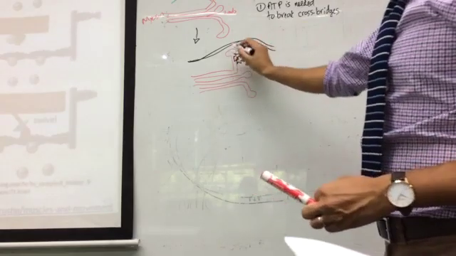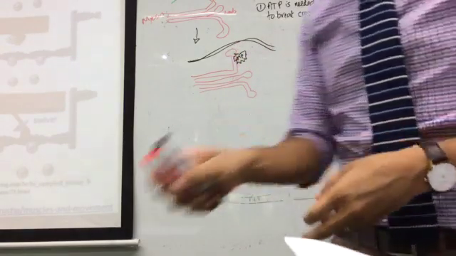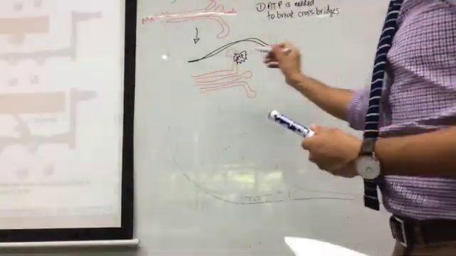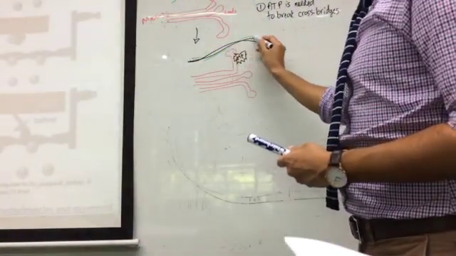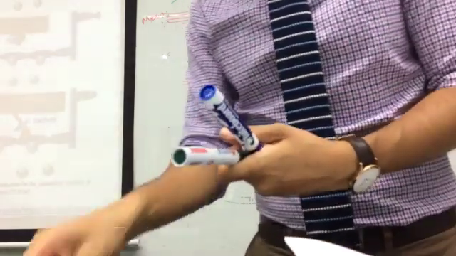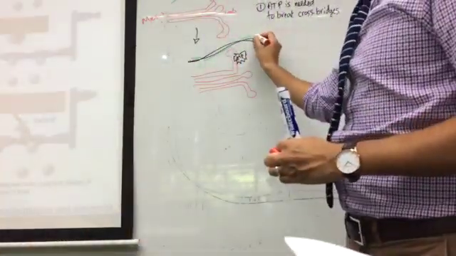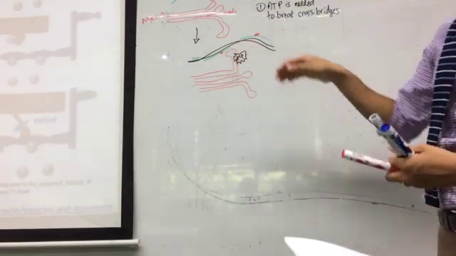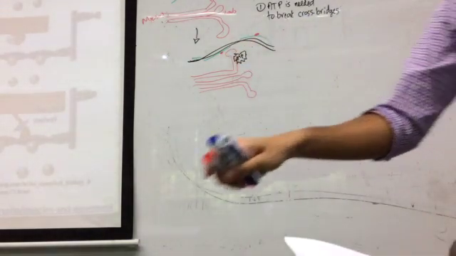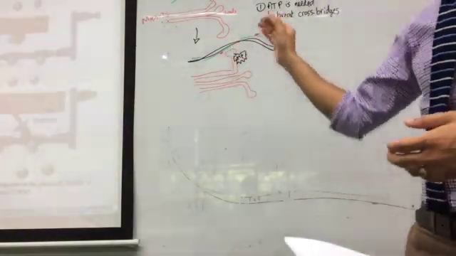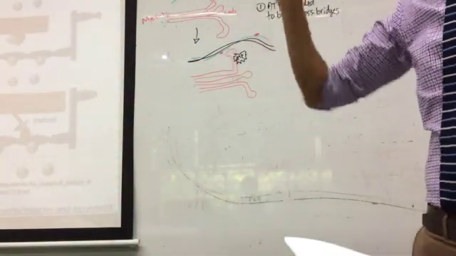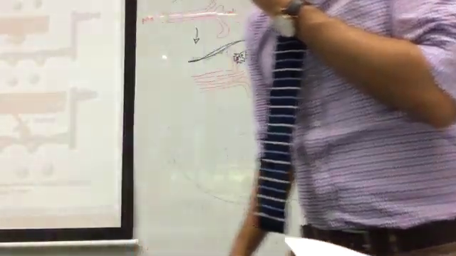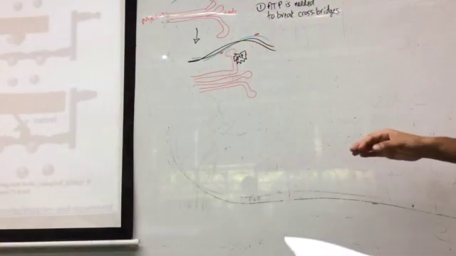So my cross bridge has been broken, and I can re-add all my stuff here. There's a space now between the myosin and the actin. But in order to grab it and pull it, it needs to grab on again. So the myosin heads are detached.